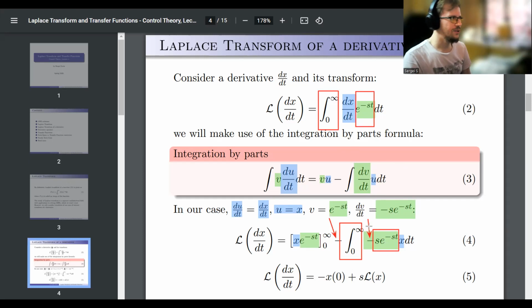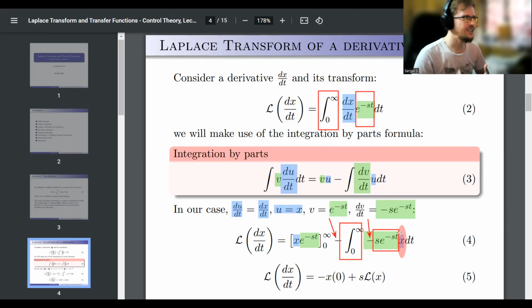So in fact, what we got is the Laplace transform of the new variable, which this time is x. So what we got is a Laplace transform of x plus this component.